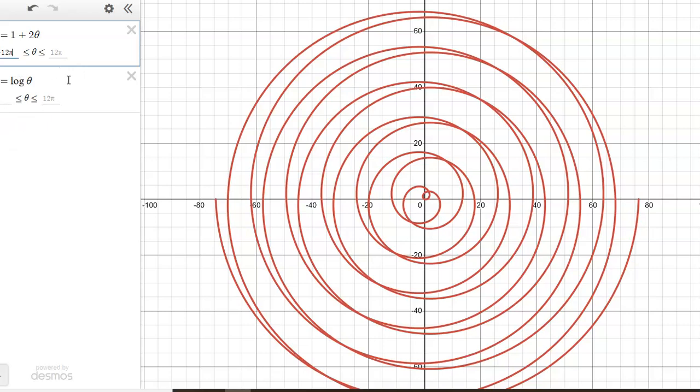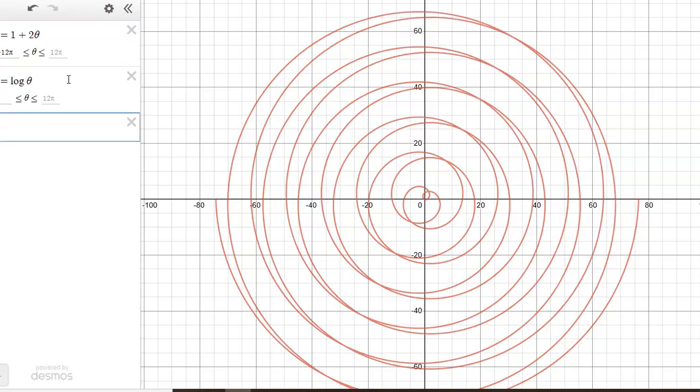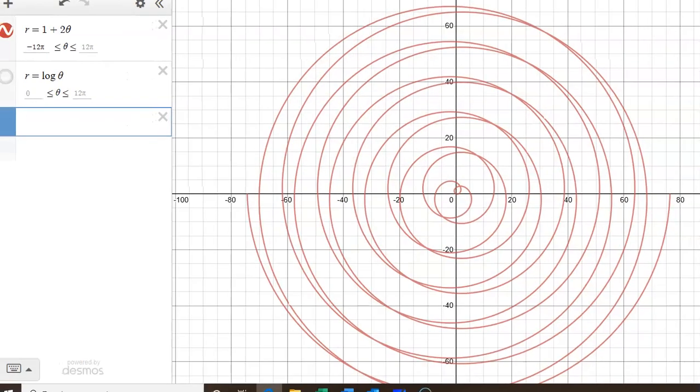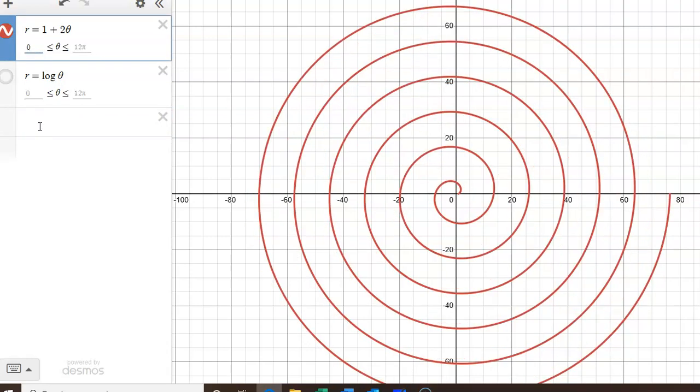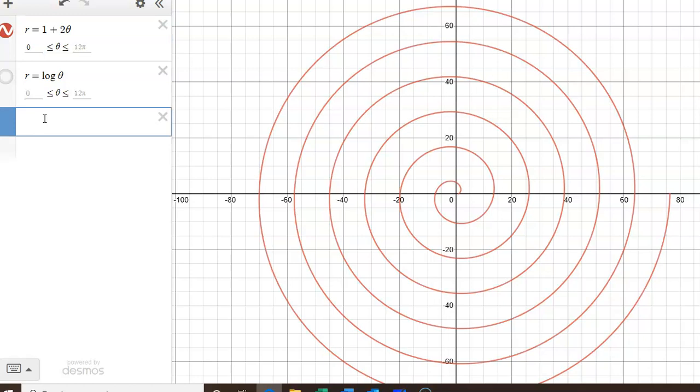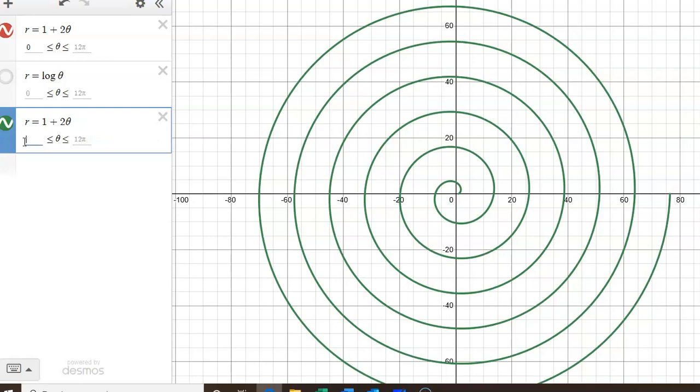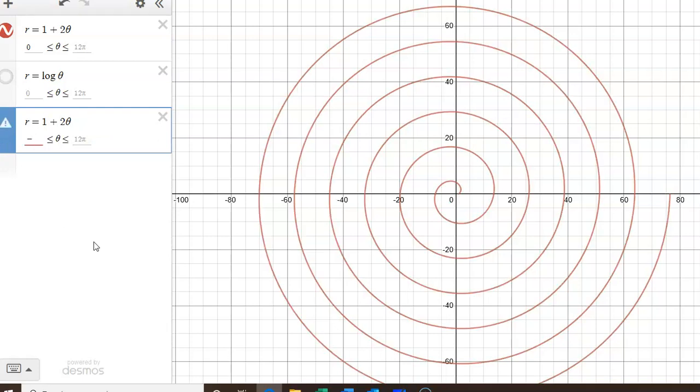So what if I decide to graph this as two separate graphs? So what I'm going to do is, I'll move this over so you can see what I'm typing in here. I'm going to leave the r equals 1 plus 2 theta, and I'm going to set that to go from 0 to 12 pi. And then down here, I'm going to put in an r equals 1 plus 2 theta, except I'm going to make this go from negative 12 pi to 0.